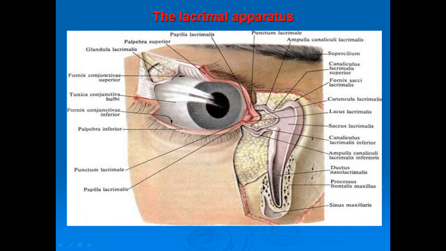Then you can see canaliculi lacrimales, which open into the sac, saccus lacrimalis, and then continue into the nasolacrimal duct. Nasolacrimal duct opens in our inferior nasal meatus. You know this information.